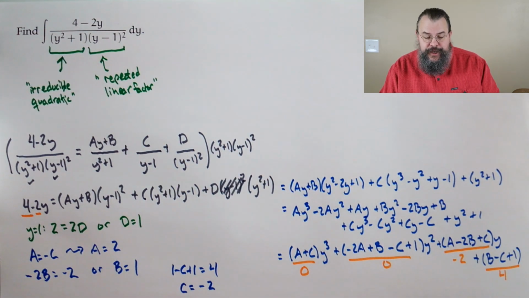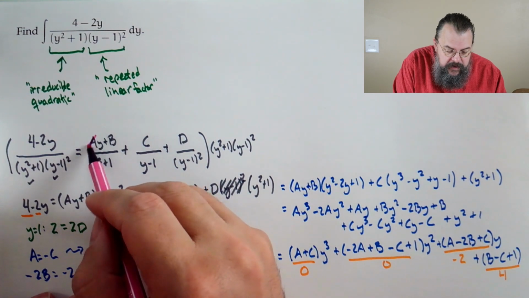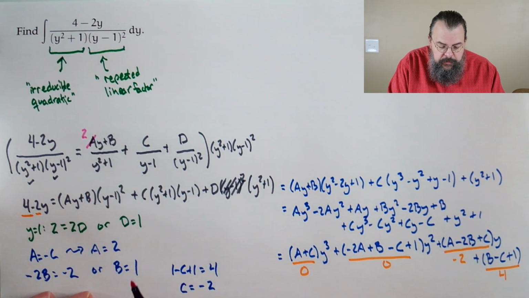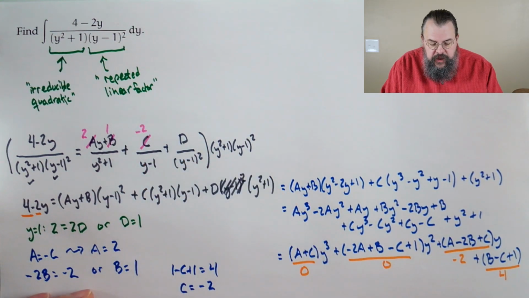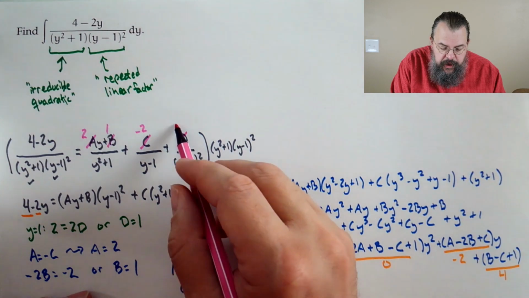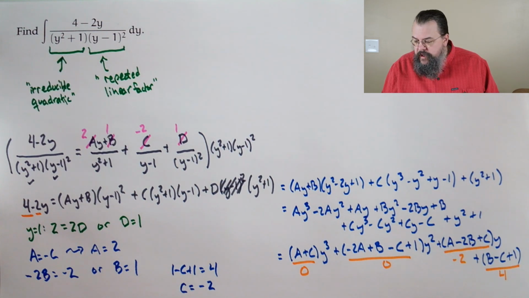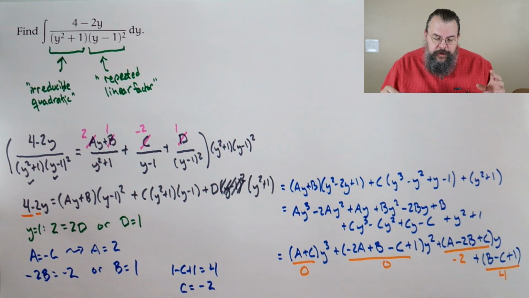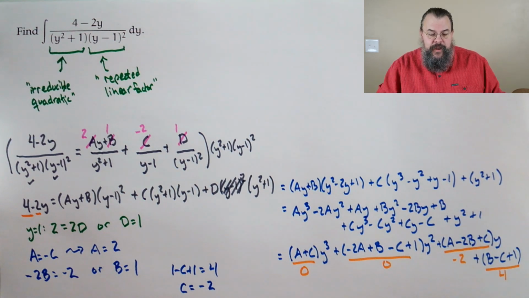So we still have to finish up. So where are we at? So let's see what we have. We have A is 2, B is 1, C is minus 2, and D is positive 1. All right, so there we go. All of our pieces nicely set up. And so we've done the hard part, which is we've done the pulling apart.